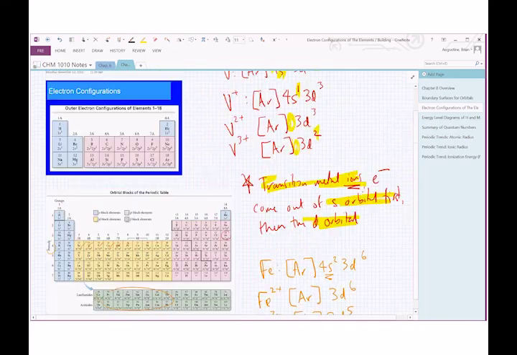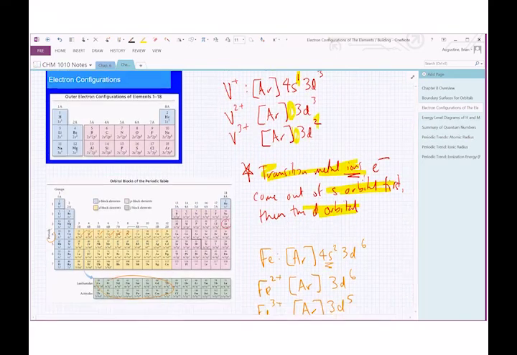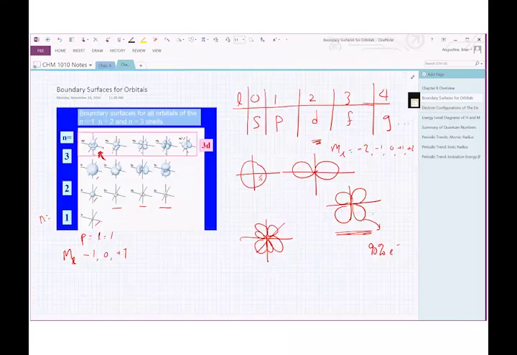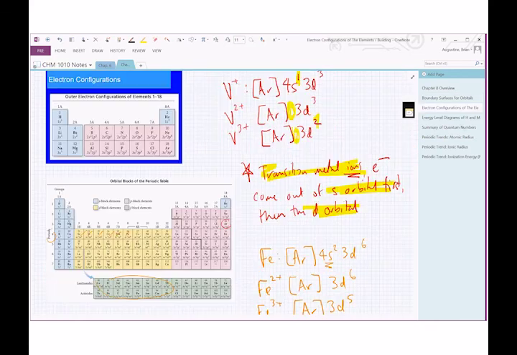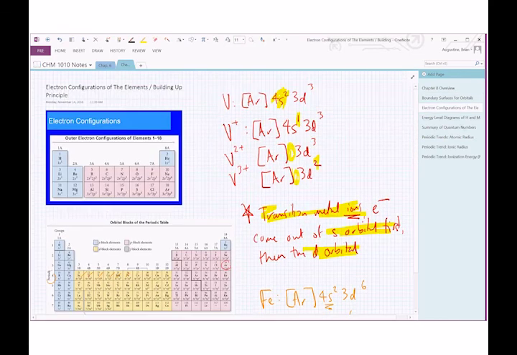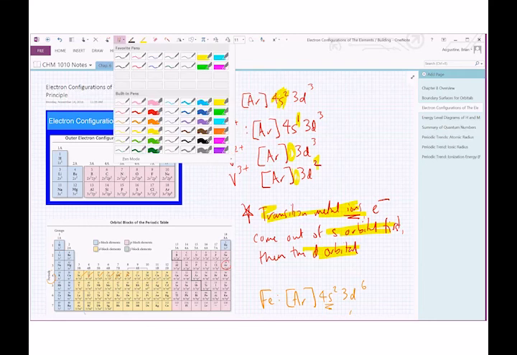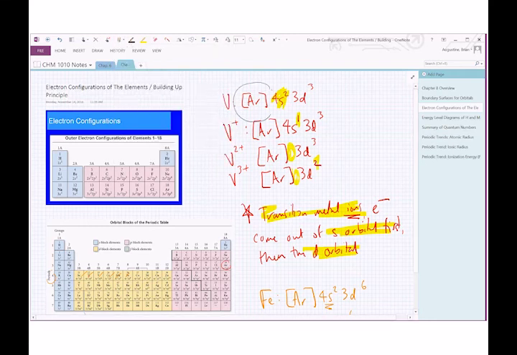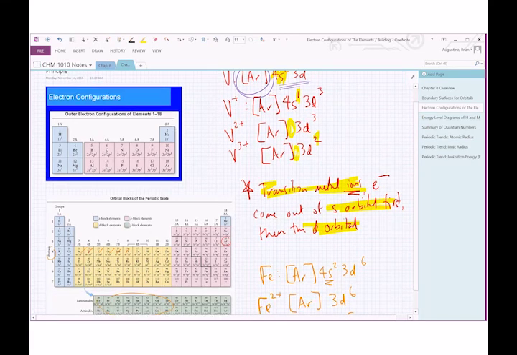All right, let's review what we've talked about so far. We talked about the shapes of orbitals. We reminded ourselves of the different quantum numbers, how we get those shapes. We've talked about electron configurations, the difference between a valence electron and a core electron. We can write the core electrons as a noble gas configuration, and then write the valence electrons following the noble gas configuration.